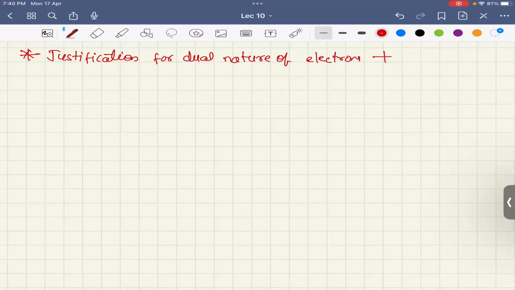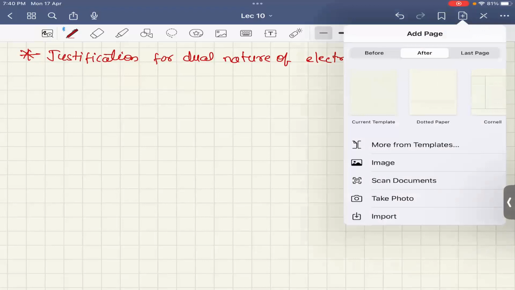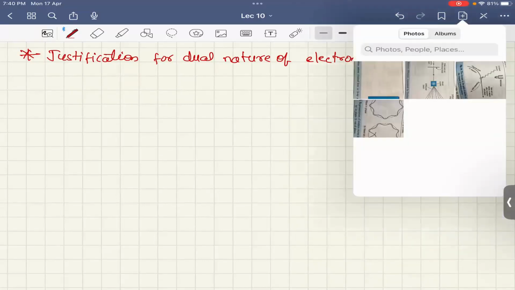So this was given by the Davisson and Germer experiment of interference and diffraction, right? Before that, the particle and wave nature of electron can be justified on the basis of the following observations, right?